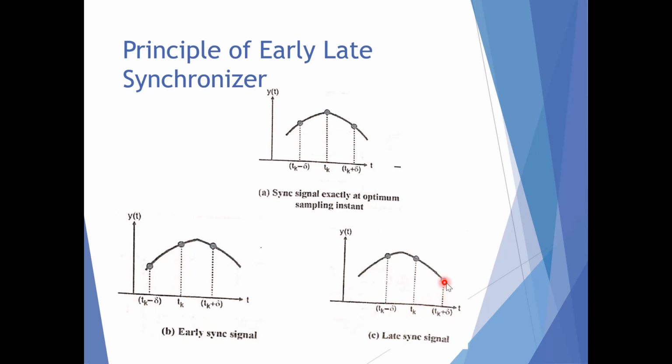Then you can find Tk plus delta and Tk minus delta, and it is easy to identify which has the higher value and which the lower. If y(Tk minus delta) has higher amplitude than the other, this is known as late synchronization. Ideally, what we want is synchronization at the optimum sampling instant.